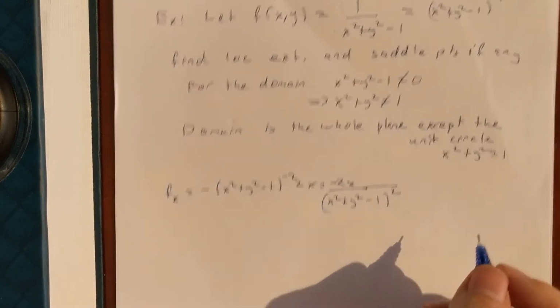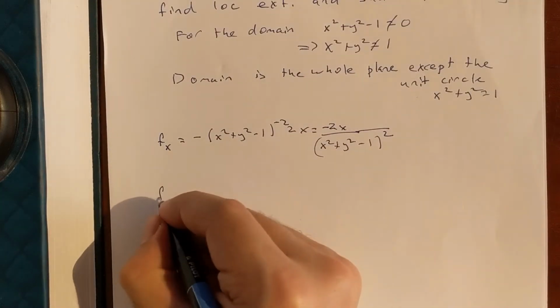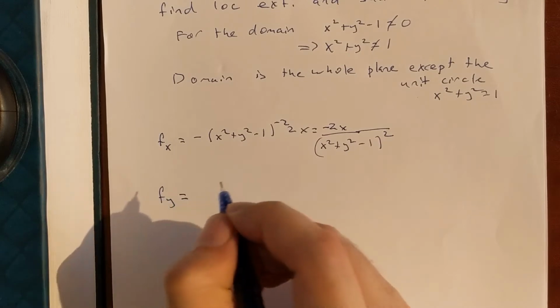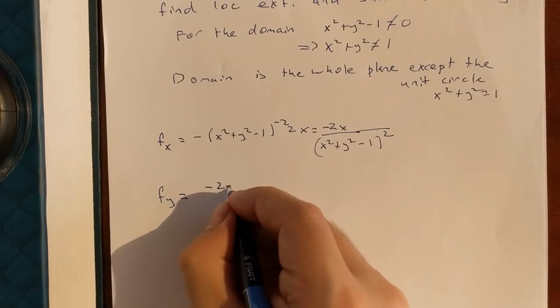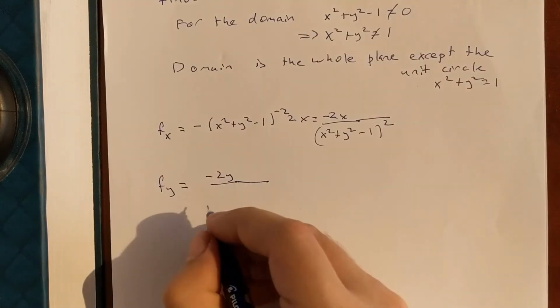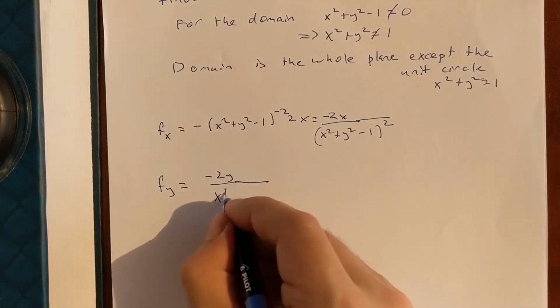Similarly, f sub y you can calculate the same way. It's just going to be minus 2y over x squared plus y squared minus 1 squared. It's symmetric, so you don't have to do those calculations again. Thank goodness.